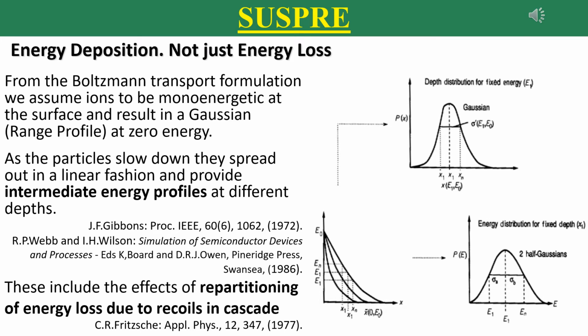We use the intermediate energy profiles that we cut through the axis of the way in which the particles slow down. We get a distribution of the ions that have specific energies, and we can use that to tell us where the energy is actually being deposited, not just lost to the sample.